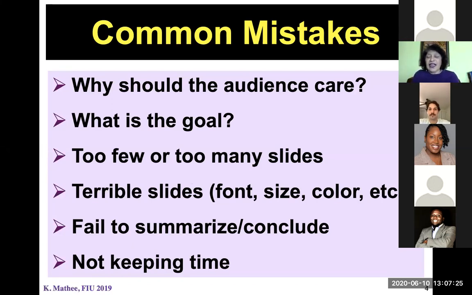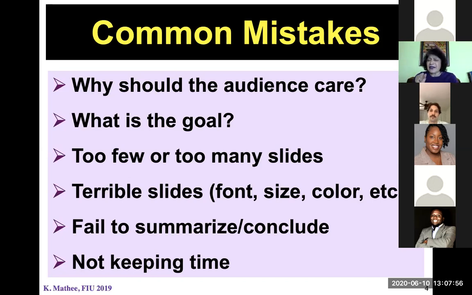So what are the common mistakes we make when we do a presentation? We never address why the audience should care. Why should you care about this presentation? And you also don't tell them upfront what the goal is. Sometimes, even though you have a 15-minute presentation, you prepare for a 5-minute presentation, or you end up preparing for a 25-minute presentation, so it's too few or too many slides.